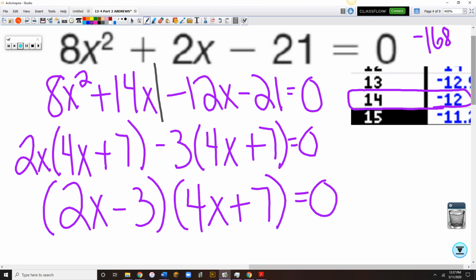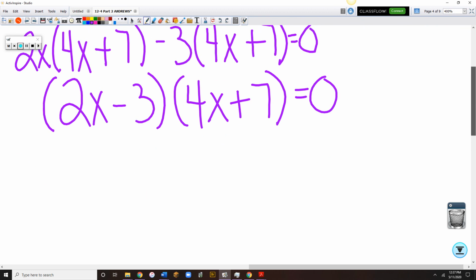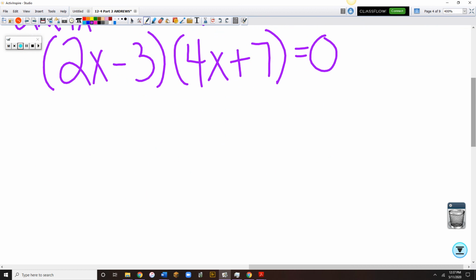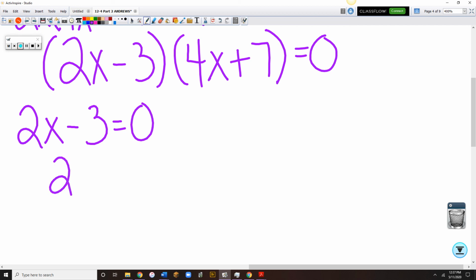Now both of those factors have coefficients, so I'm going to have to set up two equations. And my advice is don't try to do these in your head, because every time I do, I get the fraction upside down or I get the sign wrong. I make myself write them.